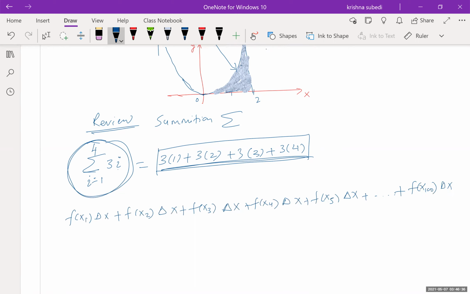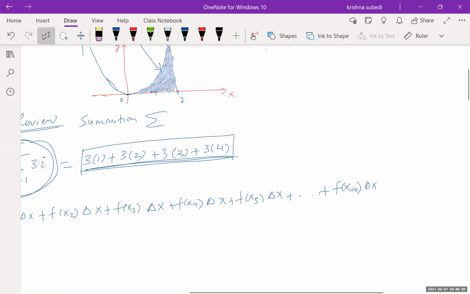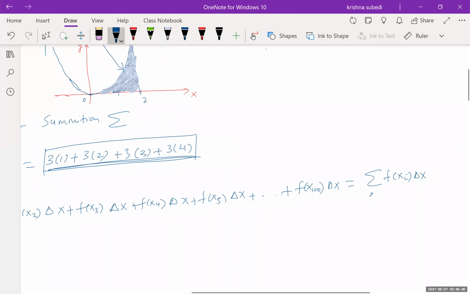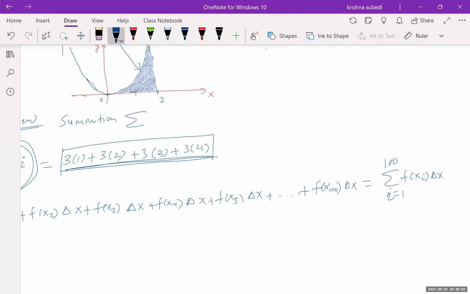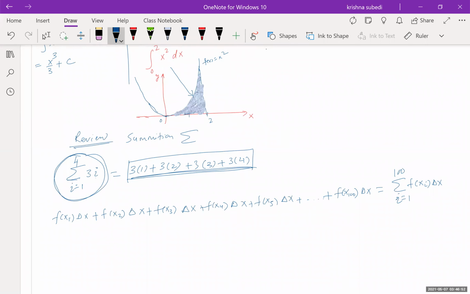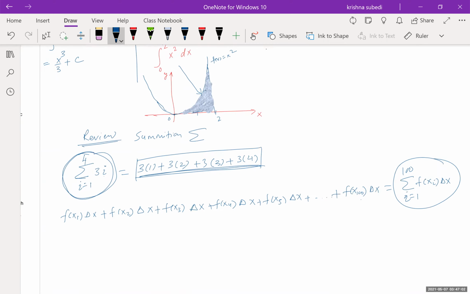So how do we write that? Well, we can simply write it as the sum of f of x i delta x, and i runs from 1 to 100. We can represent all of these, up to 100, just using the summation symbol, right? It's so nice, isn't it? So we'll be using that.